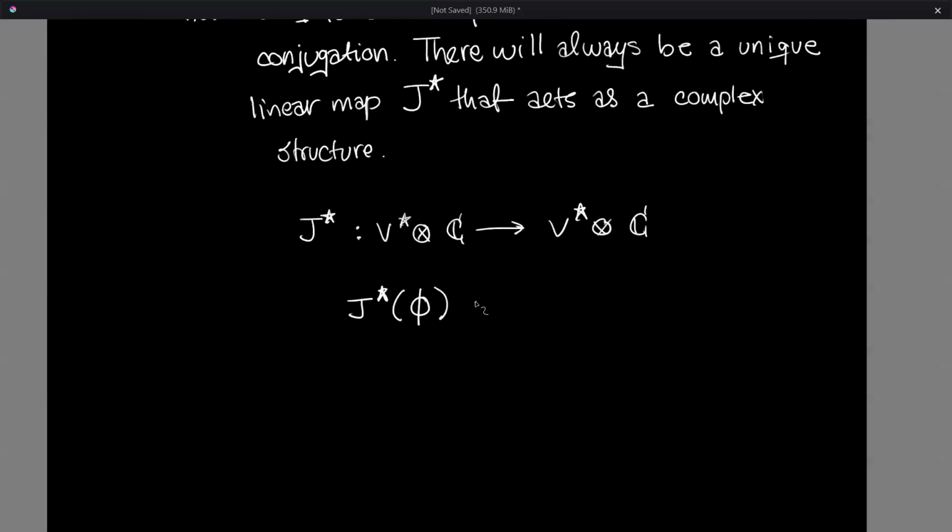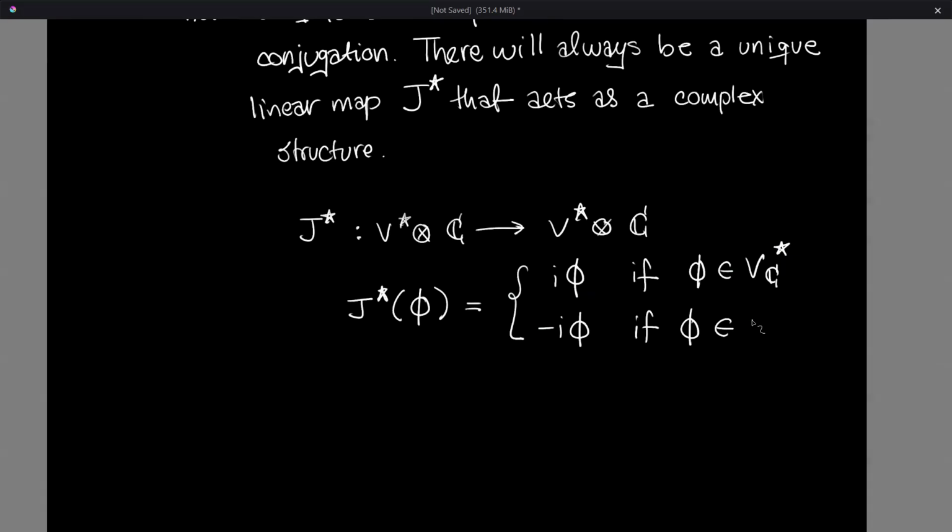J star of phi is equal to i phi if phi is an element of VC star, and minus i phi if phi is an element of VC star bar.